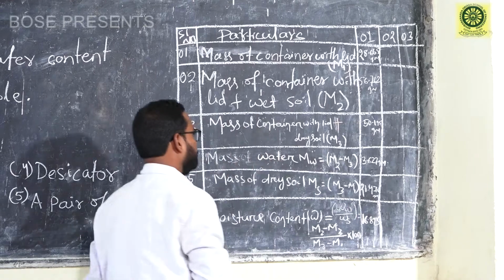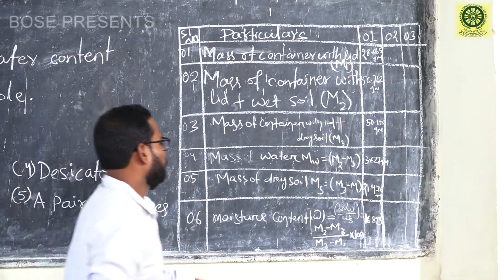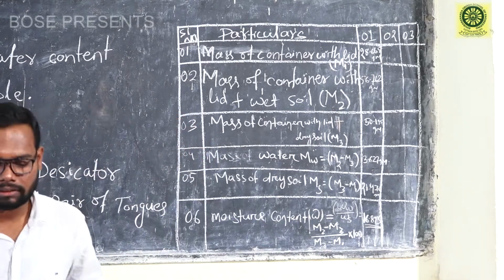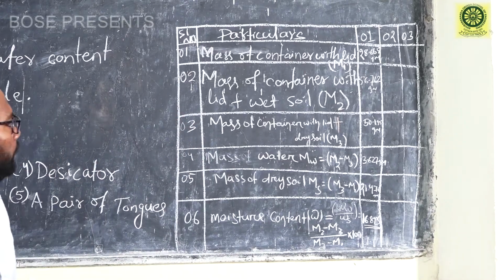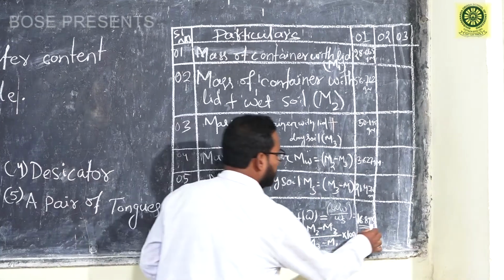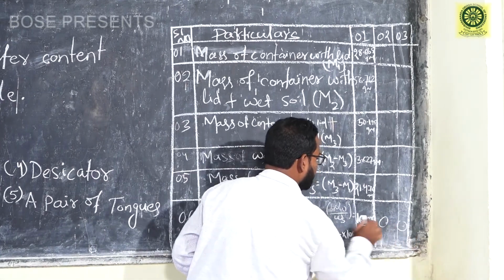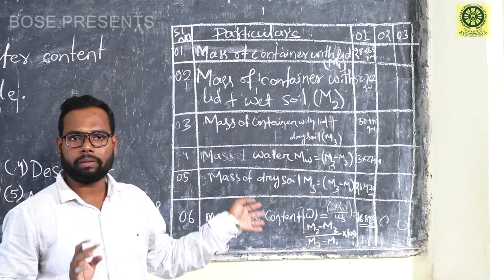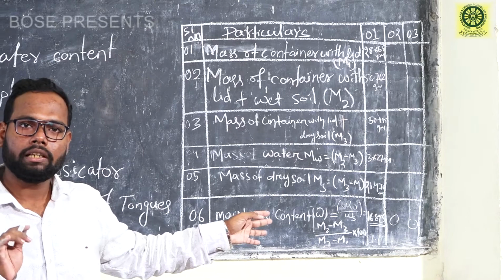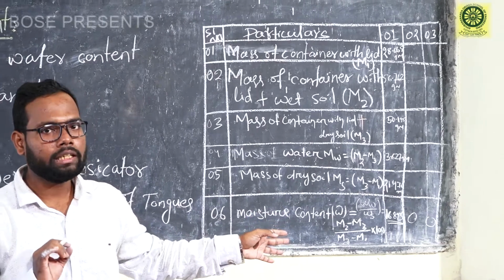Okay. So that is for the first soil sample. Similarly, we will take another two samples and write the water content here, and the average of the water content for the three specimens will be reported as the final water content.